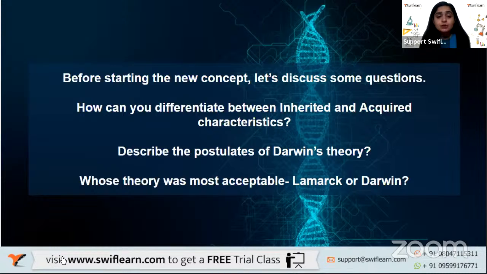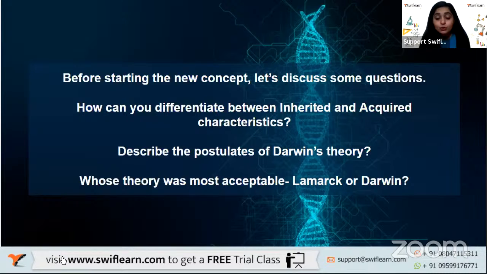Now, coming to another question that talks about which theory was more acceptable, the Lamarck theory or the Darwin theory. We cannot say which was more acceptable, but we can look at the difference between them. Darwin noticed that within any population of organisms, there were always individuals with different traits.